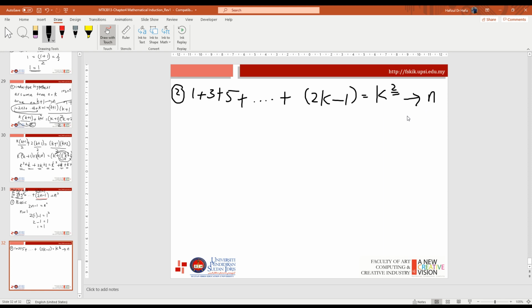Boleh ke? We replace yang 2n tadi. Yang ni kita replace 2n minus 1 is equivalent to n power of 2 tadi. Okay, we replace. Boleh ke?